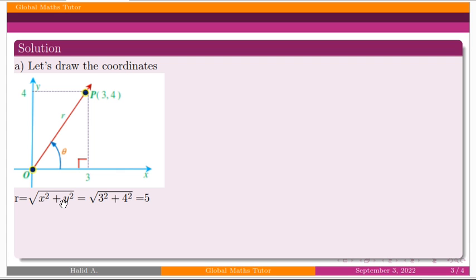So r will be the square root of x squared plus y squared, so it gives 5. Then from the definitions, cosec theta is hypotenuse over opposite, sec theta is hypotenuse over adjacent side, and cot theta is adjacent side over opposite side.